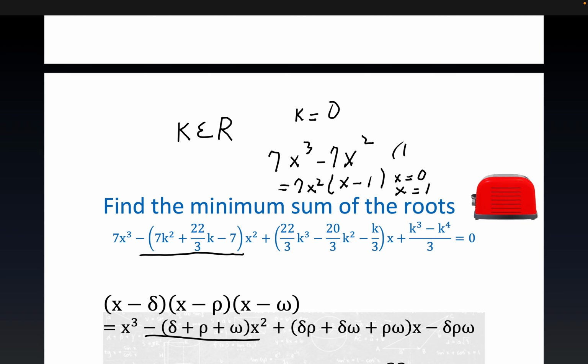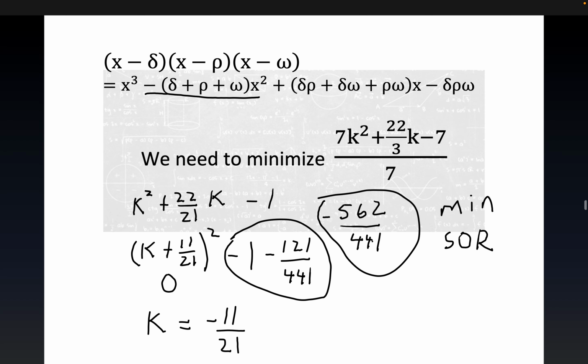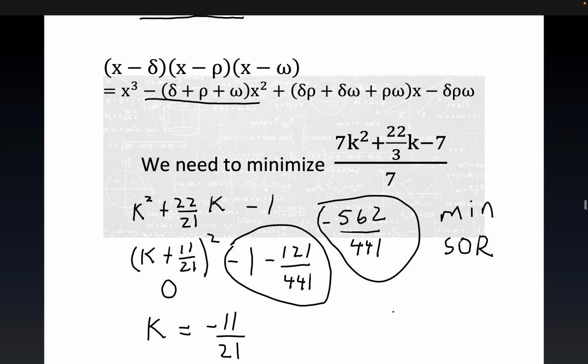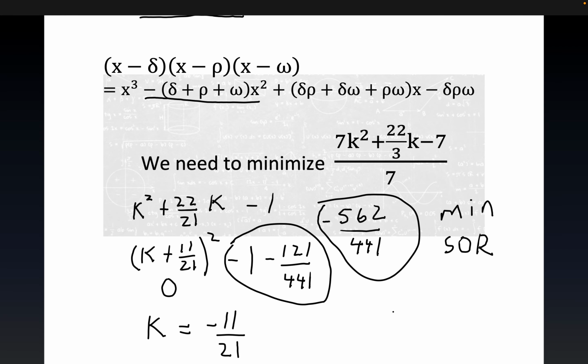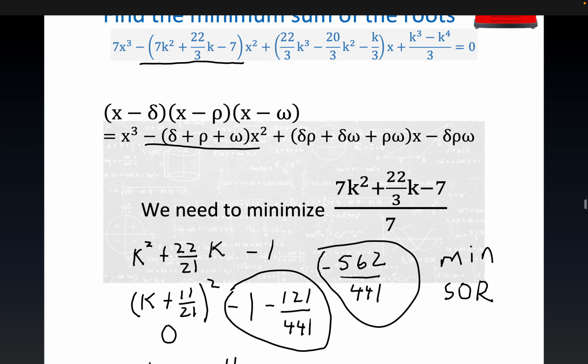Which is certainly a bigger number than this number right here. This number right here is a negative number between minus 2 and minus 1. And this is the smallest possible sum. It would be a little more difficult to find the roots. I'm not even sure how you would do that right now. It would be kind of hard, in fact. It would be tedious to find the actual roots themselves, okay?